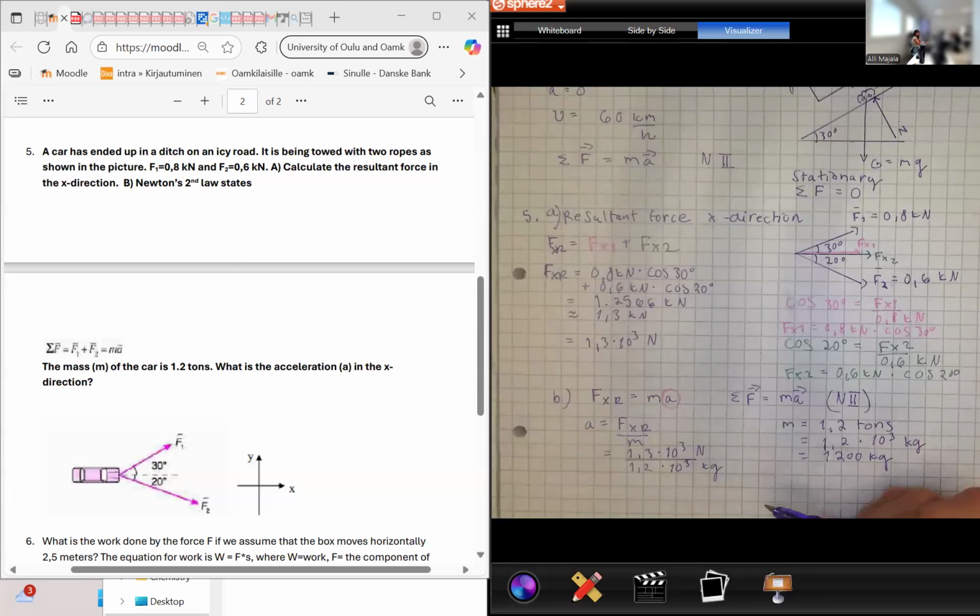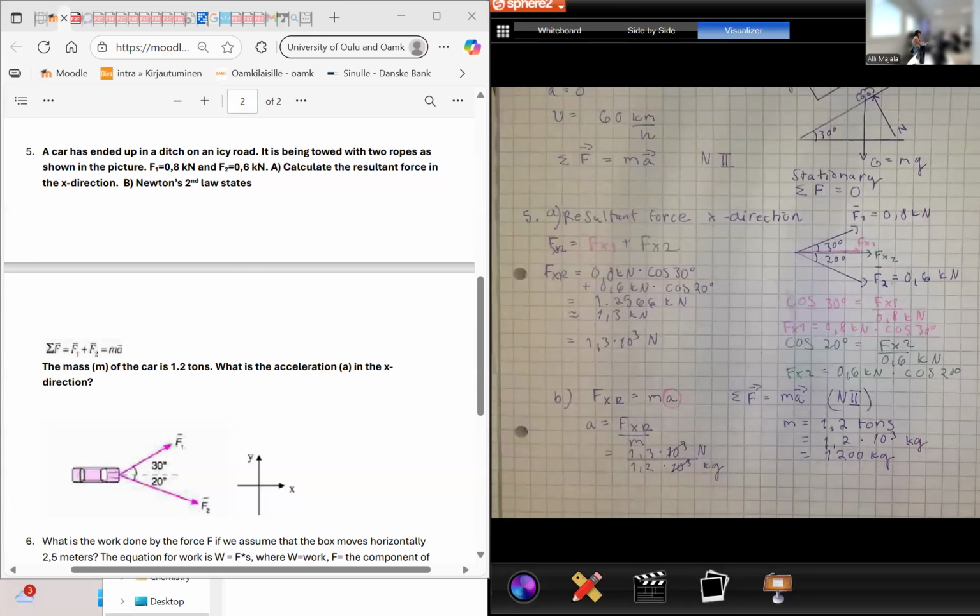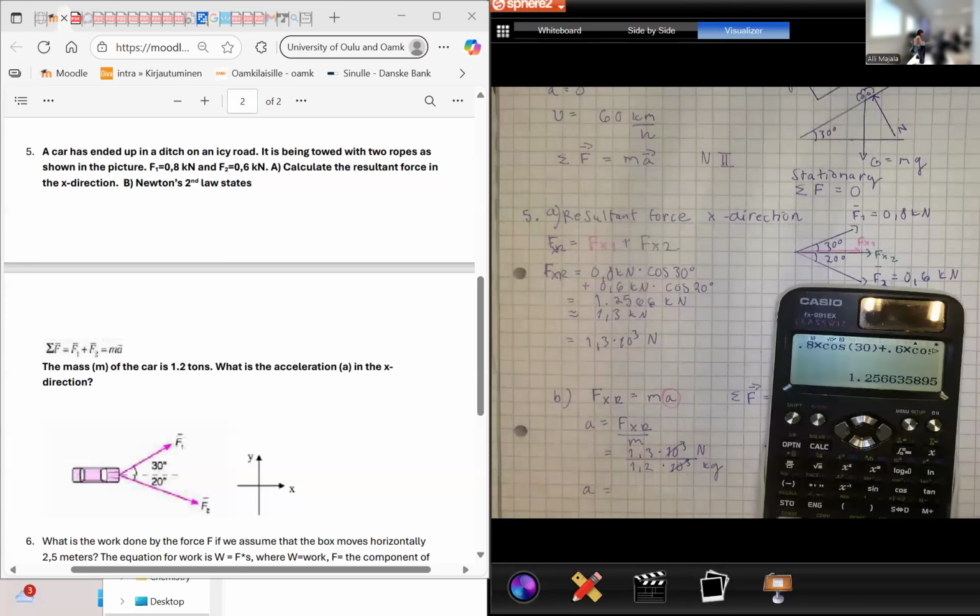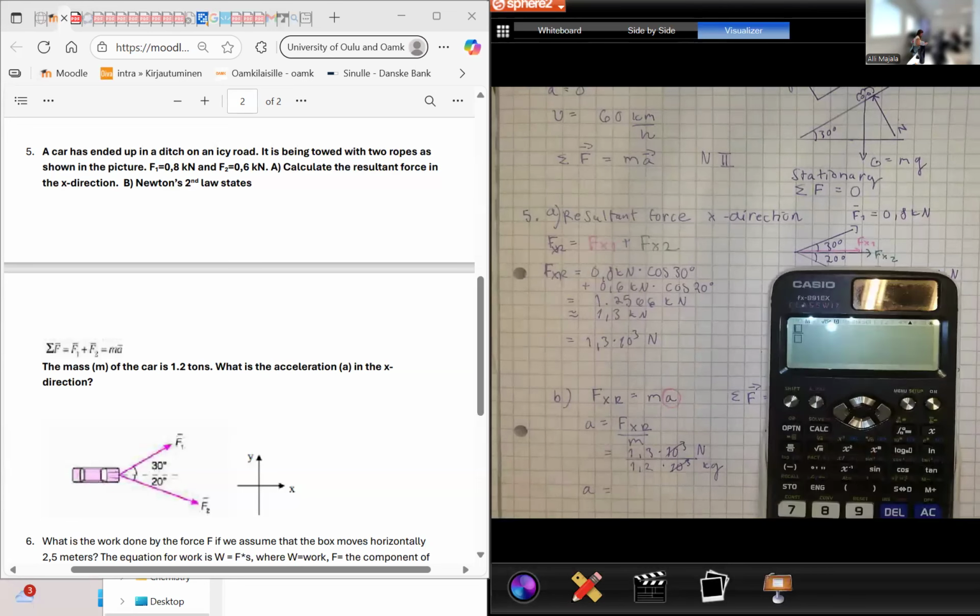Because it's the same term there. Yeah, and I can't put this as 1.3.